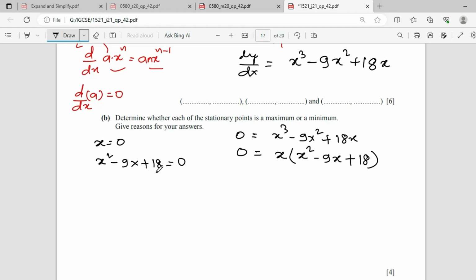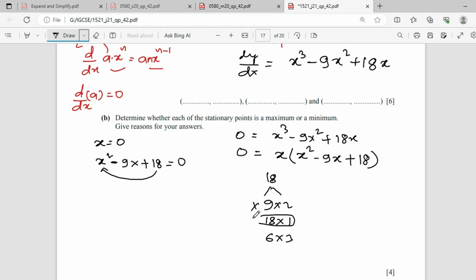So here, first into last, which is 18 x square, I'm going to write 18 here. Now what are the factors of 18? 9 into 2, 18 into 1 and 6 into 3. If you see, the middle term has a minus sign, that means both should be negative. 9 minus 2 is 7, we cannot consider this.